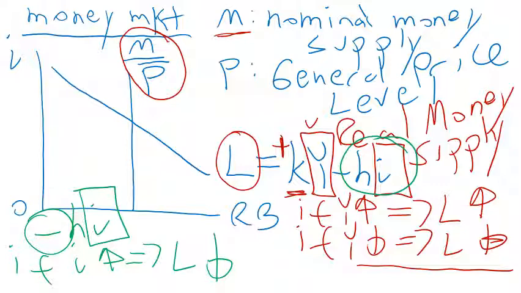So again, money supply, M over P, or the real money supply, and L, money demand, is going to give us equilibrium. And once again, this will be the equilibrium interest rate, and this will be the equilibrium level of the real balances.